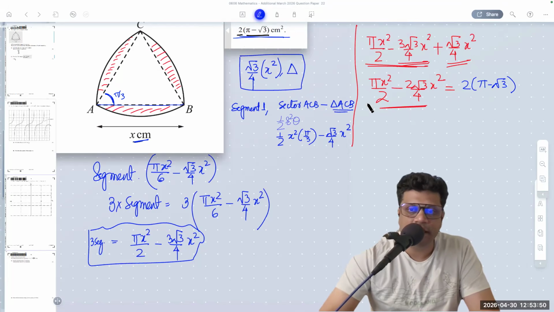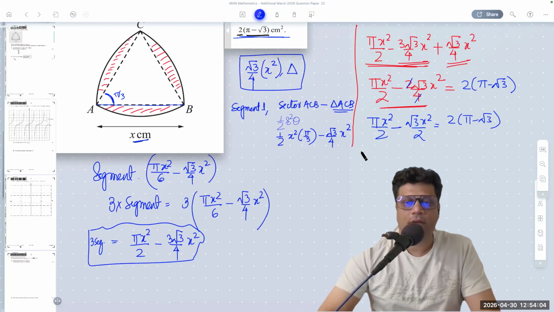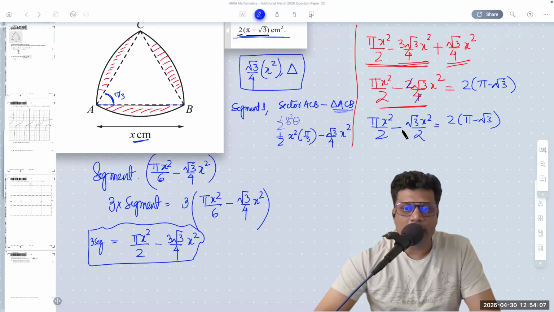And let's see. I'm going to take pi x square by 2 minus that, 2 and 4 cancel out. So root 3 x square by 2. And that's 2 times pi minus root 3. Okay. And I take x square by 2 out common. So pi minus root 3 equals 2 times pi minus root 3.